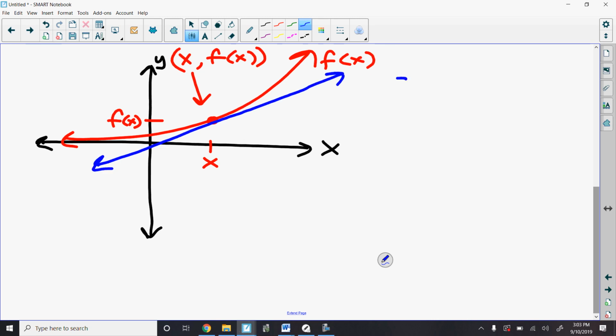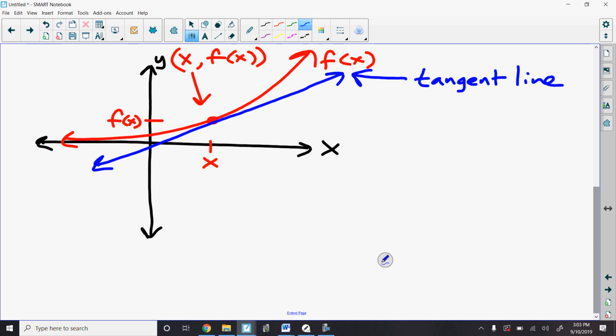So this blue line is the tangent line. And my goal is I want to find the slope of that line. Now, depending on where I place x, it's going to have a different slope. Right? If I moved x a little bit closer to the origin, my slope would be a little bit less steep.